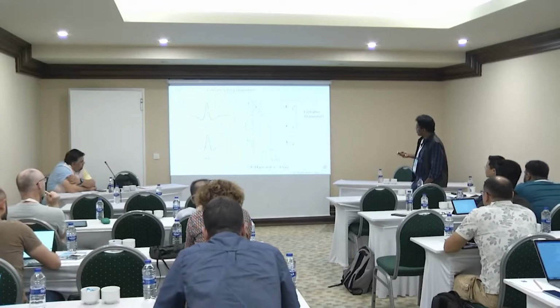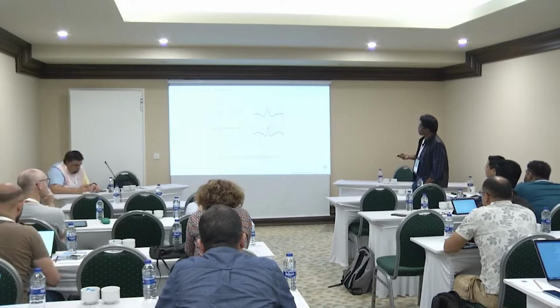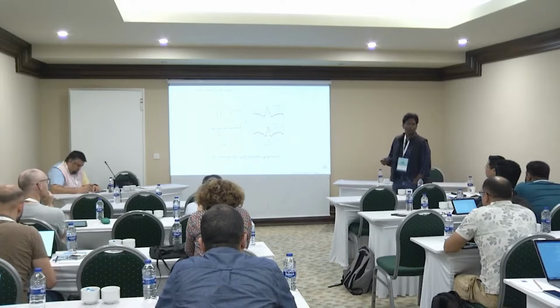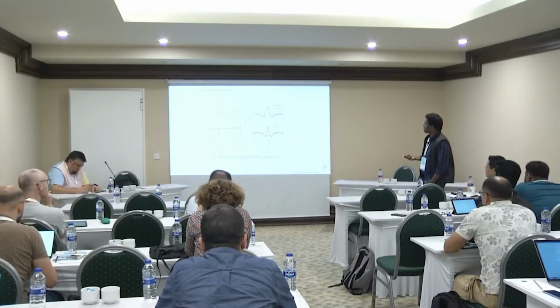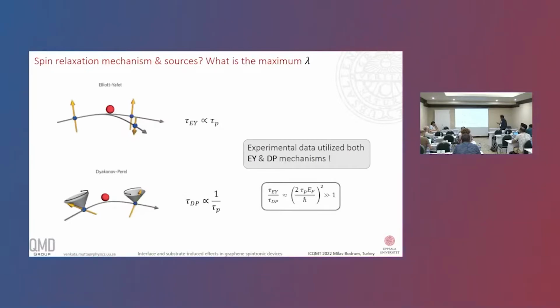Even under ambient conditions, when we opened the valve and allowed the ambient conditions, we could still see spin transport and obtain the same kind of values of spin diffusion length and spin lifetime. So spin transport is quite robust in this case.